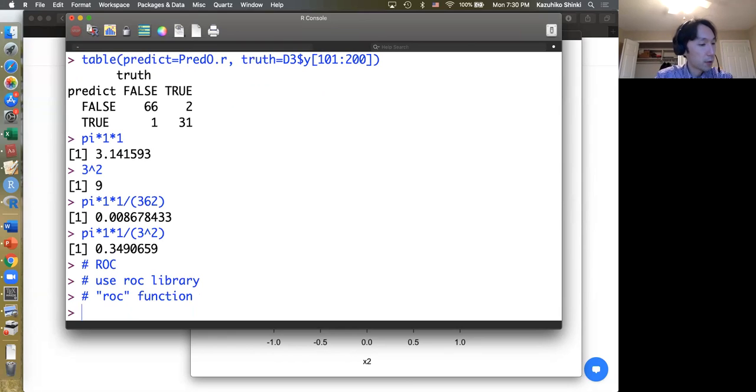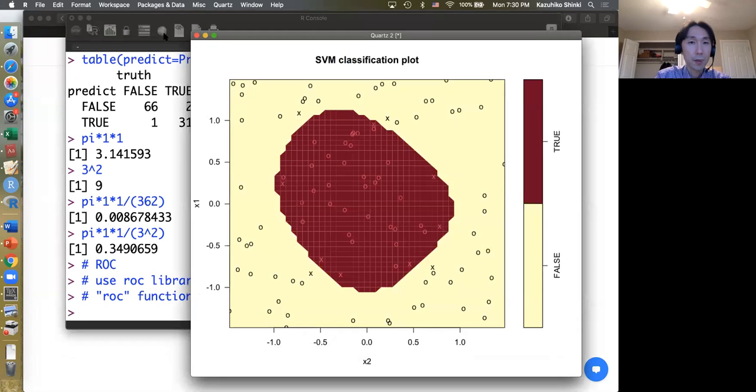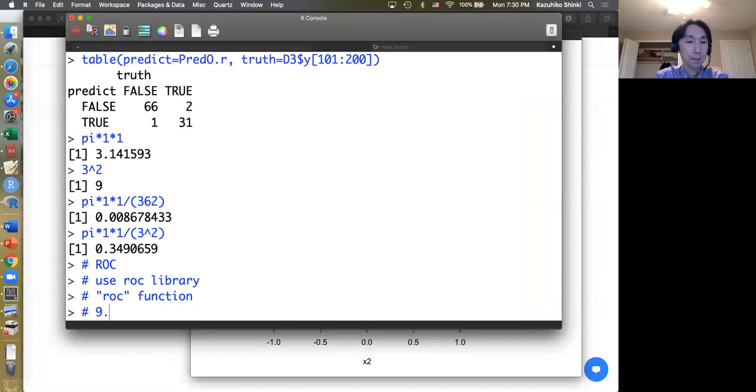Now we do support vector regression. Support vector regression isn't as popular as the support vector machine, maybe, but basically we can use this for regression problems. The idea is a little different. In support vector regression, think about a tube around the true curve.